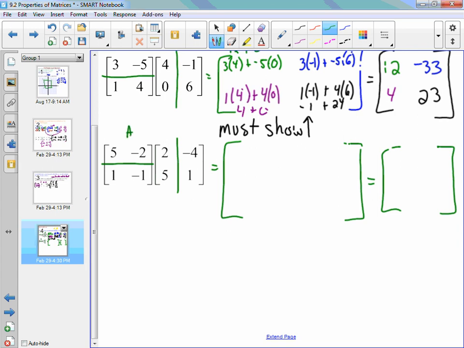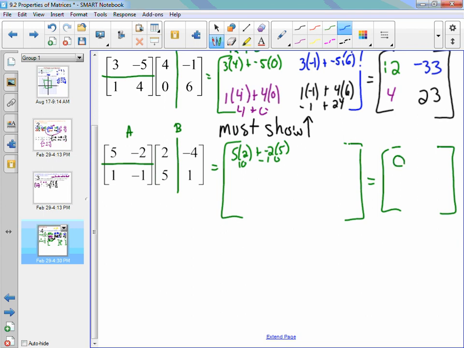And if you need to, this is A, this is B. So we're going to have 5 times 2 plus negative 2 times 5. We get 10 minus 10, which is 0.